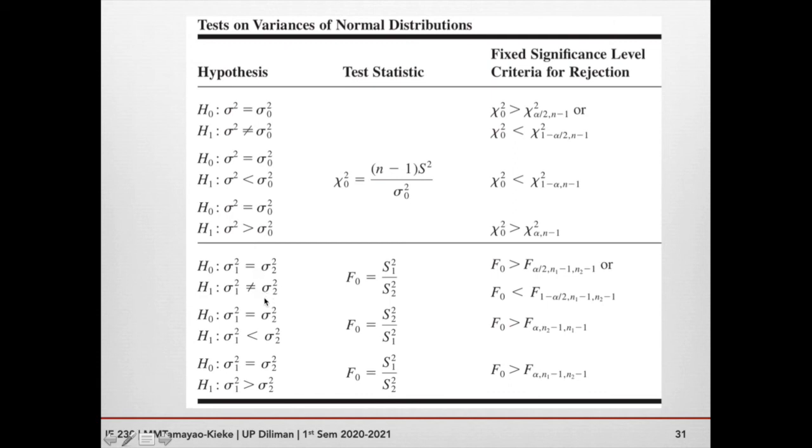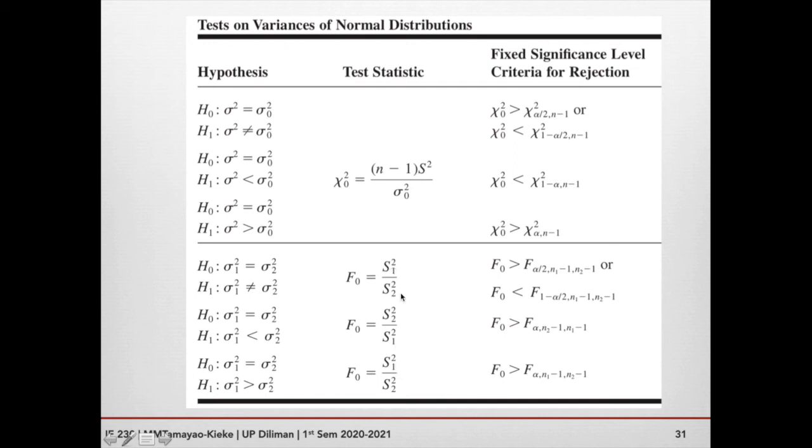Now, if we are comparing two variances, two samples, and we're comparing the variability of those two samples, we could have, for example, H naught: sigma 1 squared is equal to sigma 2 squared. And of course, we can have three different alternative hypotheses here. And then for each case, we have the F statistic as shown.